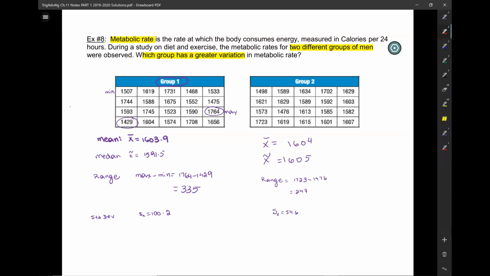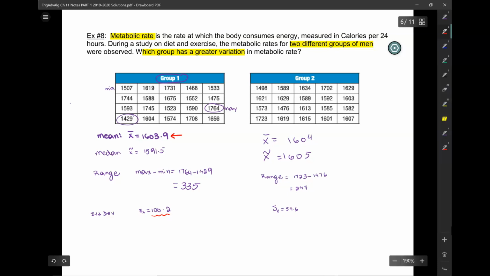All right, and then the standard deviation is 100.2. So what that tells you is, if this is the mean, if I pick a random data point, then on average, it's going to be about 100 units away from the average, right? Now, take a look at group number 2.